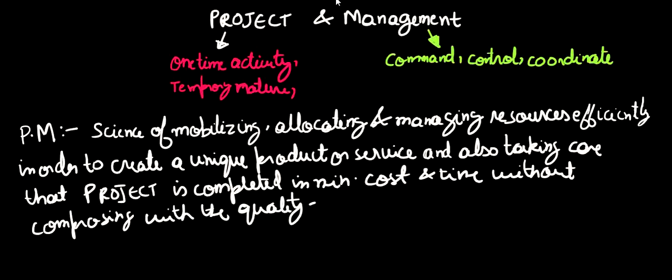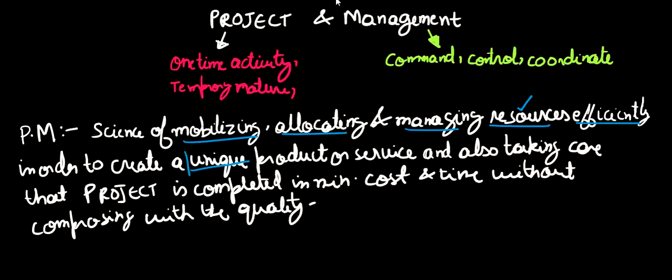The keywords here are: it is a science of mobilizing, allocating, and managing resources. There are different types of resources, which we will see in a moment. Efficiently, or judiciously, in order to create a unique product.